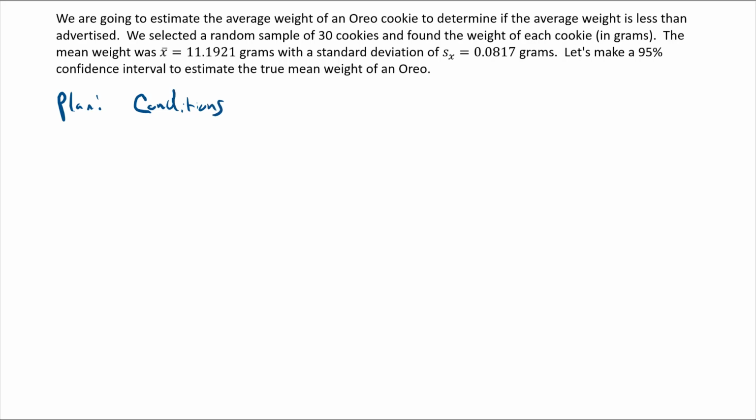Number 1 is, we want to know if we had a simple random sample, right? In this case, we said we took a random sample of 30 cookies. So since we took a random sample of 30 cookies, this checks off.